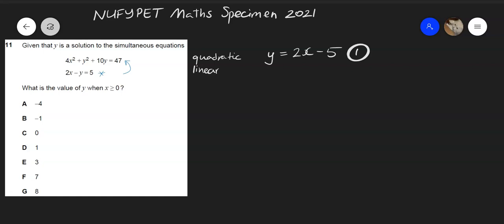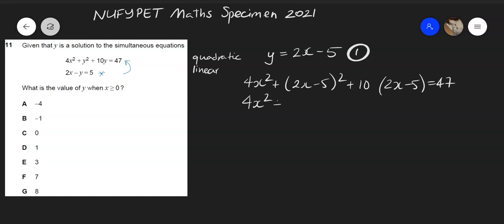That gives me 4x squared plus (2x minus 5) squared plus 10 times (2x minus 5) equals 47. So that gives me 4x squared plus another 4x squared minus 20x plus 25 plus 20x minus 50 equals 47.